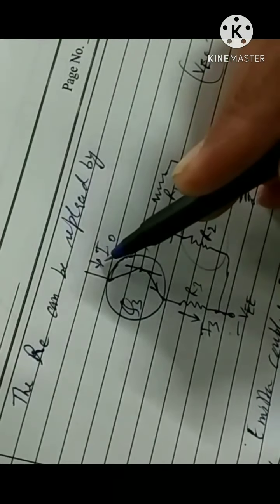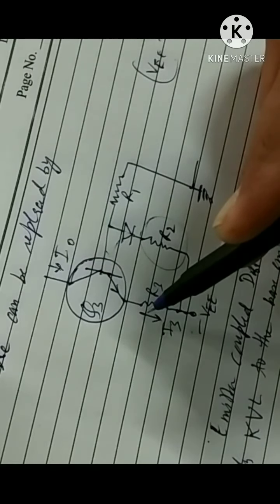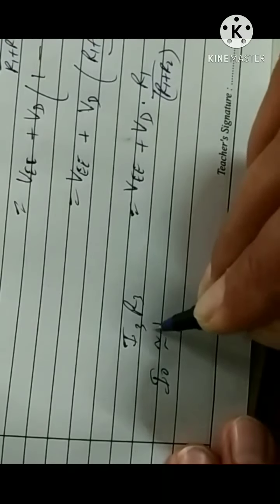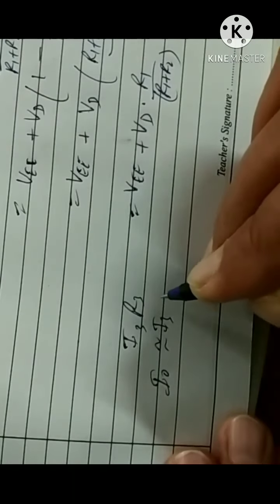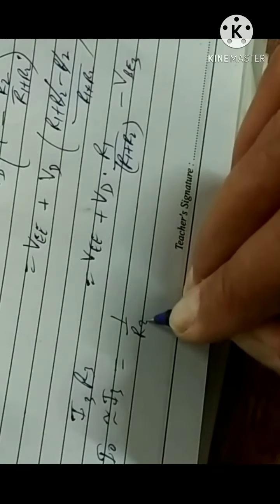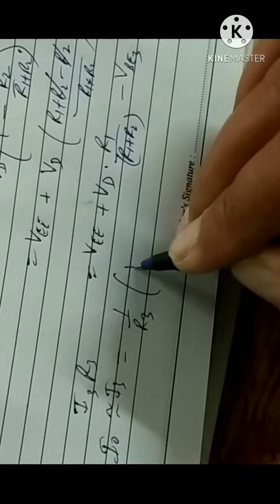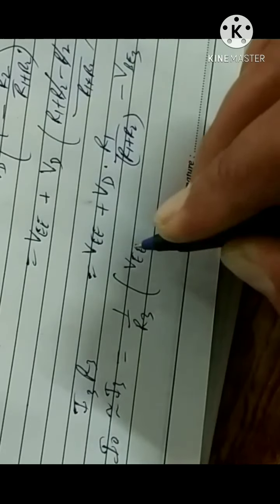What is IO? This is the current across the collector. This is almost equal to I3, which is the emitter current. So IO is nearly equal to I3, and that is equal to, according to the above equation, 1 by R3. We will take R3 there. VEE.